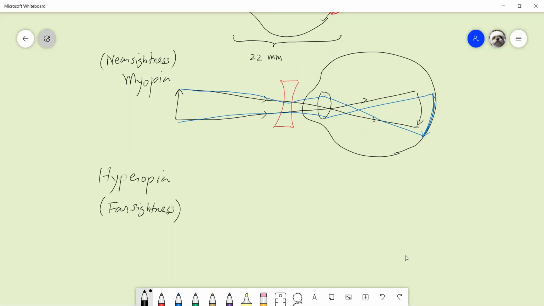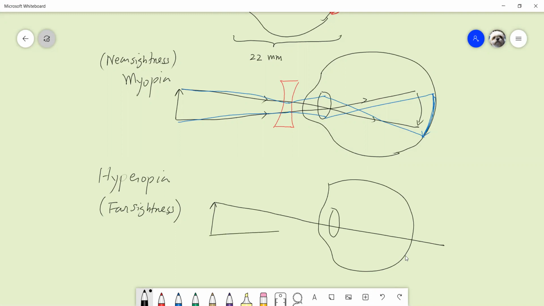When you have hyperopia, your eyeball is undersized. The object is actually overshot, so your image is forming behind the retina. You get it?